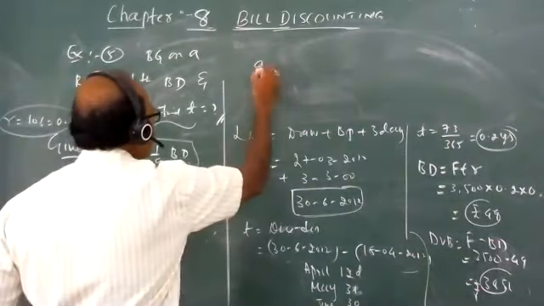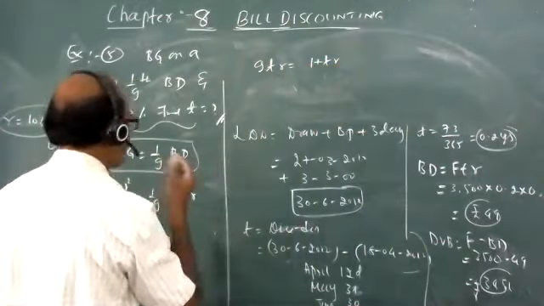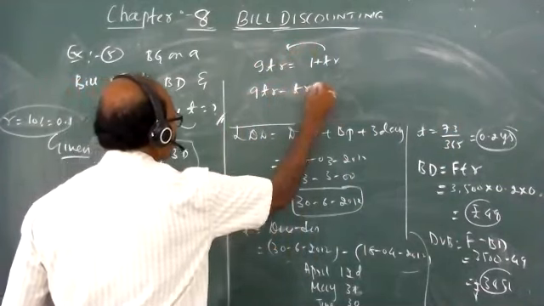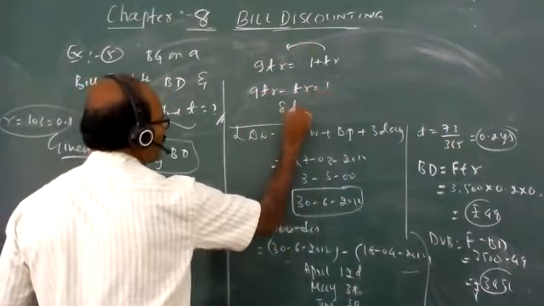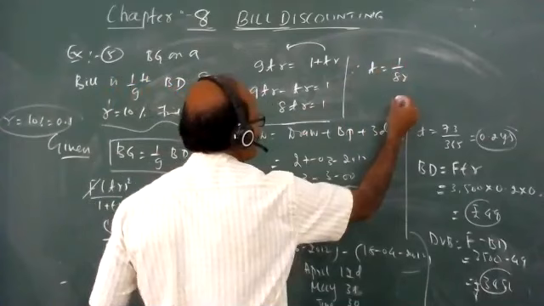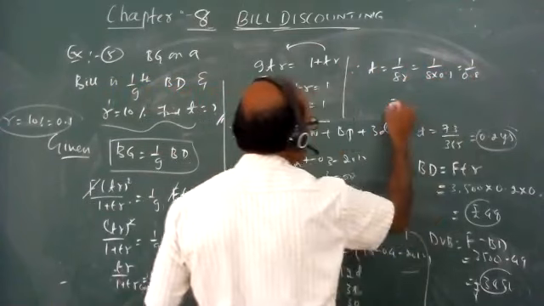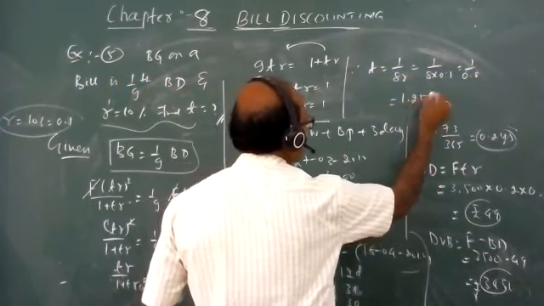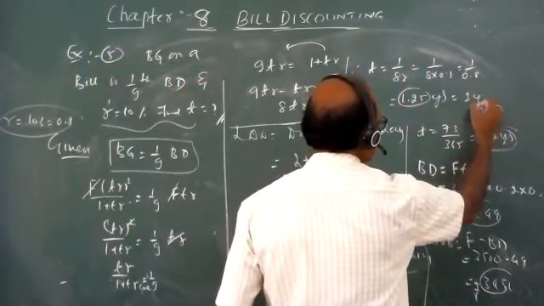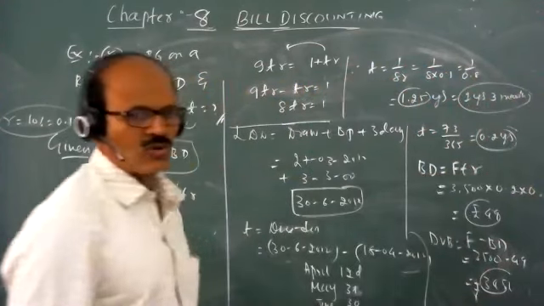What you get? 9 TR is equal to 1 plus TR. Take this to one side. So 9 TR minus 1 TR is equal to 1. 8 TR is equal to 1. Therefore, T is equal to 1 by 8 times 0.1, that is 1 by 0.8, that is 1.25 years. Or you can write this as 1 year, 3 months. This is the discount period.